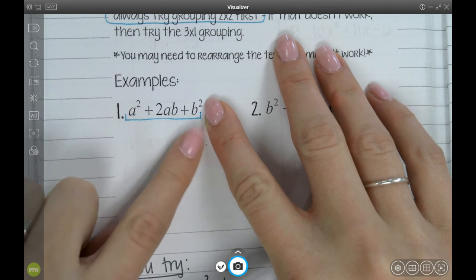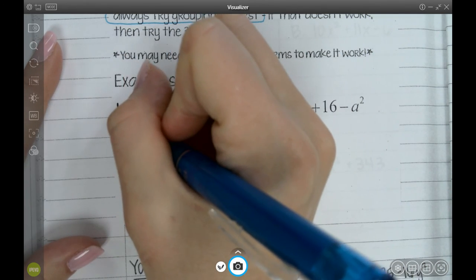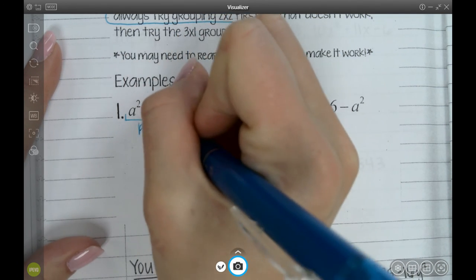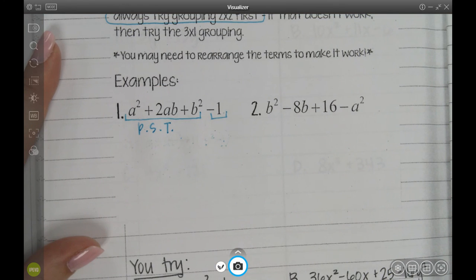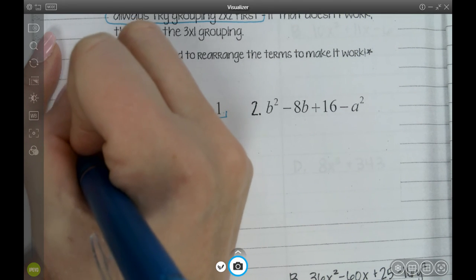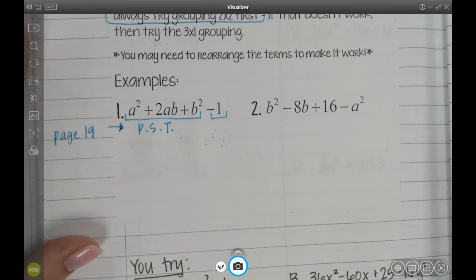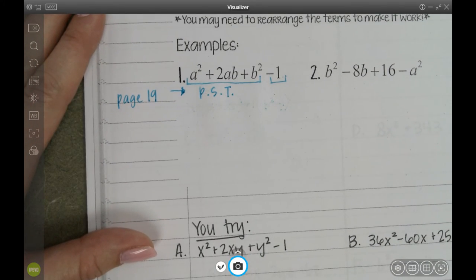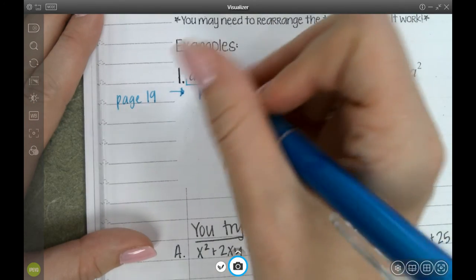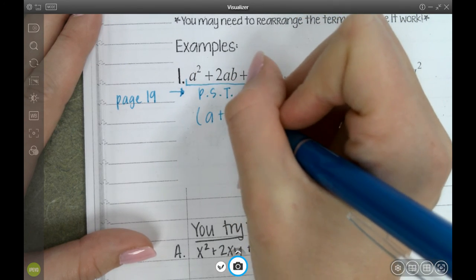Wasn't it a plus b squared? So this is a perfect square trinomial. I'm going to write a note to the side that says page 19 so that you know where that came from. So this right here is going to factor a plus b squared.